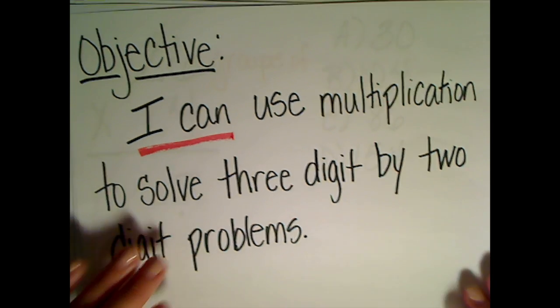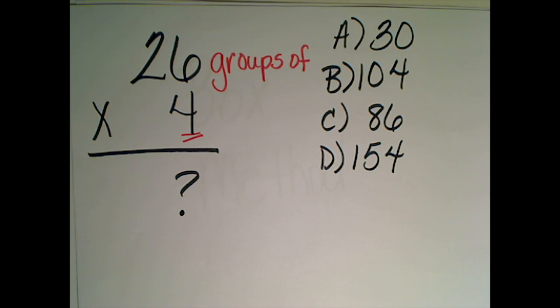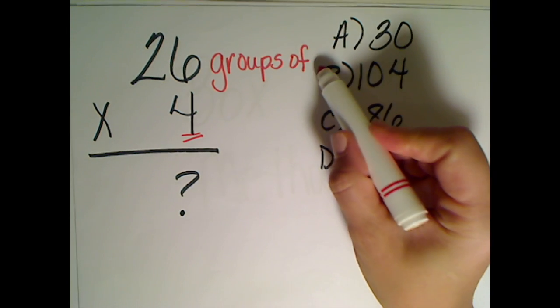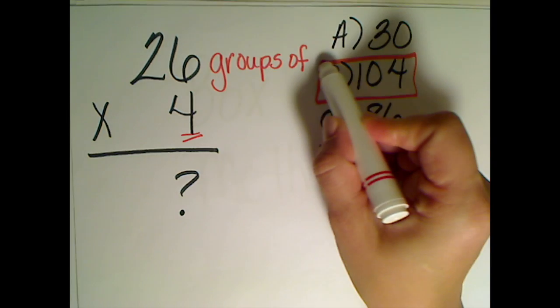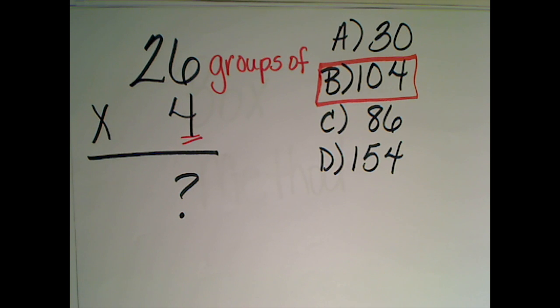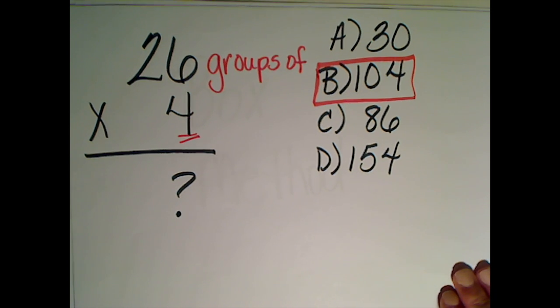You just saw the modeling segment where there were 26 groups of 4, and through modeling we realized that the answer was B, 104 straws in this case. So now what does that look like when we compute it?